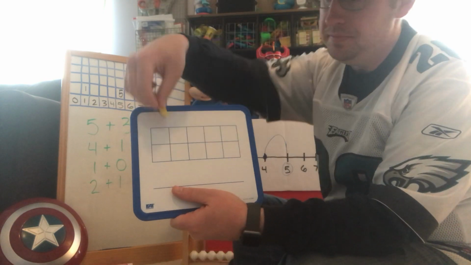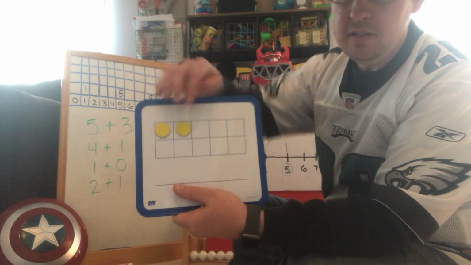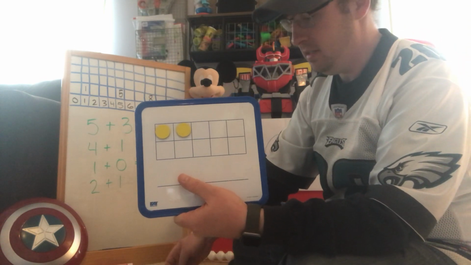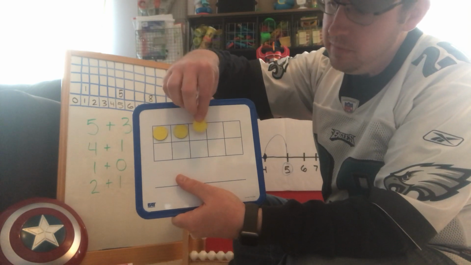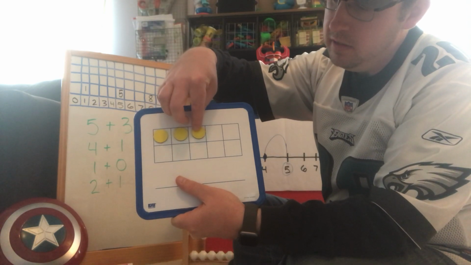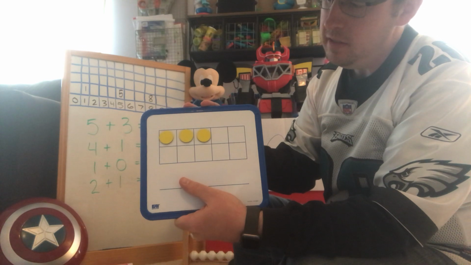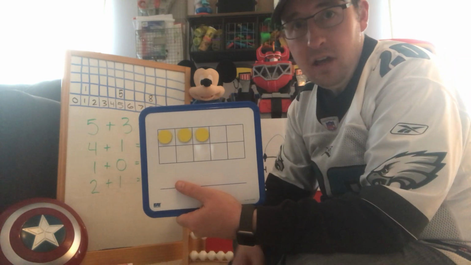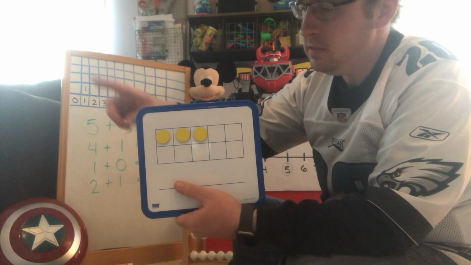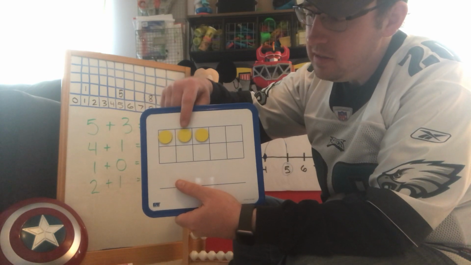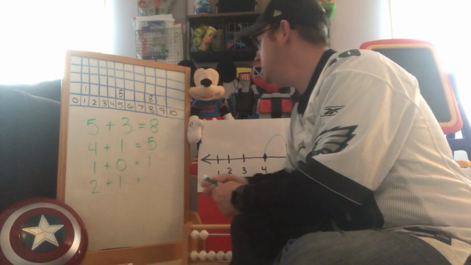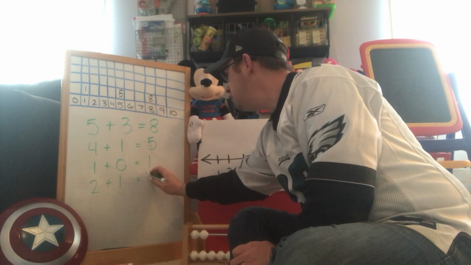We'll start with 2. 1, 2. And to that, I'm going to add one more. I'm going to combine that group of 2 with that single counter there, 1. We can count them up, see how many we have all together, or total. Count with me. 1, 2, 3. Easy peasy. So 2 plus 1 is equal to 3.